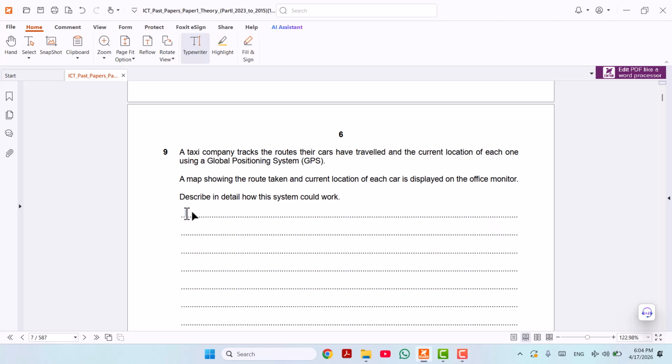First thing, the location. You must say the location is calculated using GPS software. Okay, this is the first thing. Number two, data sent to the office computer.